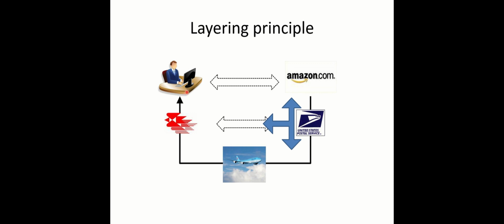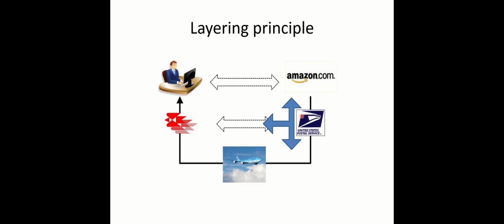So what this example shows is that we are sitting on layers and layers of services and use them. So for instance, the United States USPS doesn't talk to me, but rather it talks to Amazon.com just above it, and Korean Airline just below it, and it obviously talks to the Korean Postal Service as well.